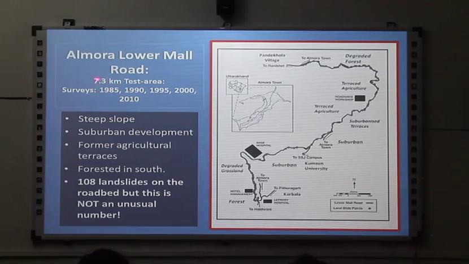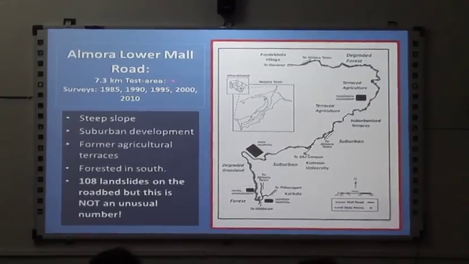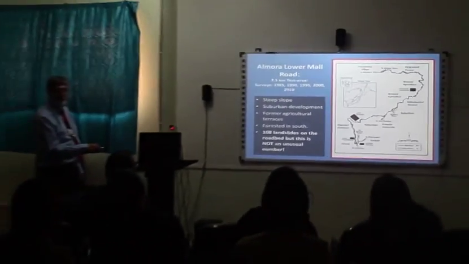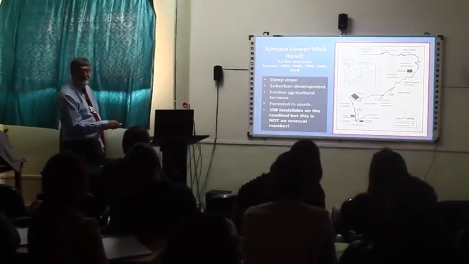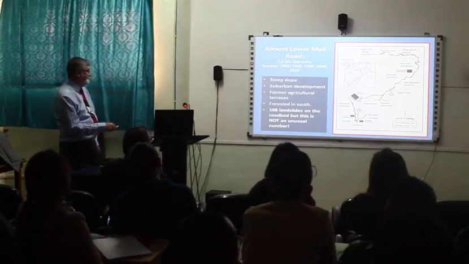This is a 7.3 kilometre road that we were looking at, and we surveyed it in 1985, 1990. We did that together, Professor, did we? Yes. 95 as well? I think you were still in Nagaland. Yes, probably. 2000, no. And 2010, you were very lucky not to be there.